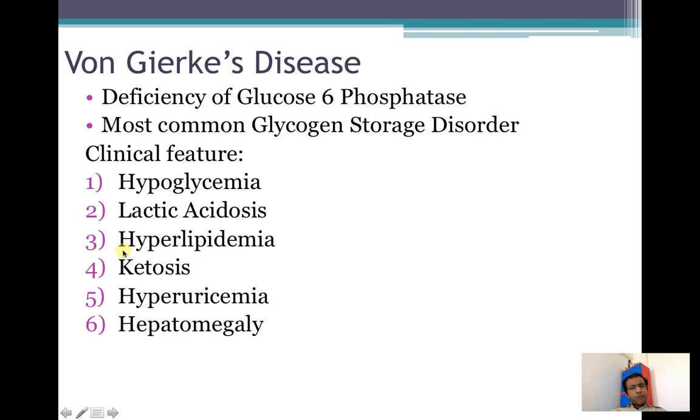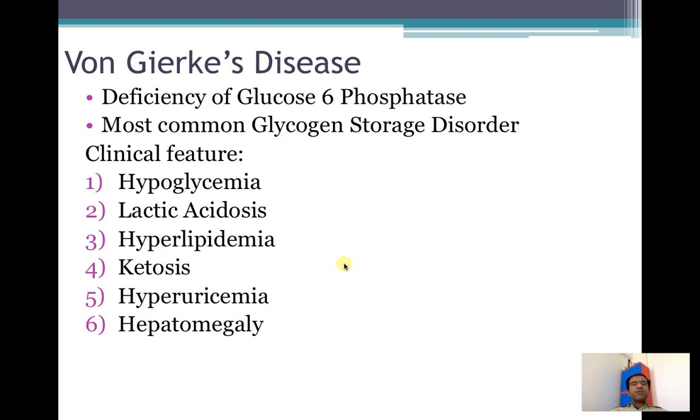Similarly, accumulation of acetyl-CoA will lead to hyperlipidemia as well as ketosis, which you will learn in lipid metabolism. Hyperuricemia is also there, and we will discuss why accumulation of glucose 6-phosphate leads to hyperuricemia in our next class, that is of the HMP shunt.